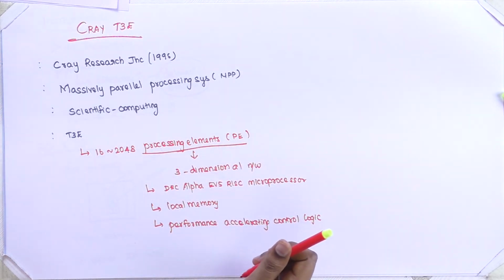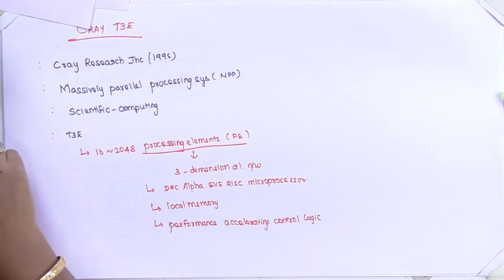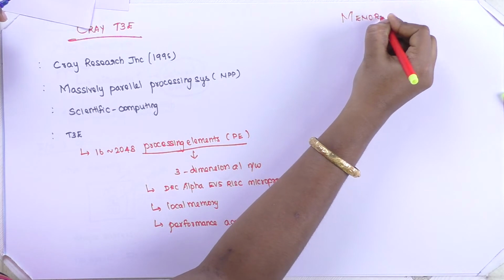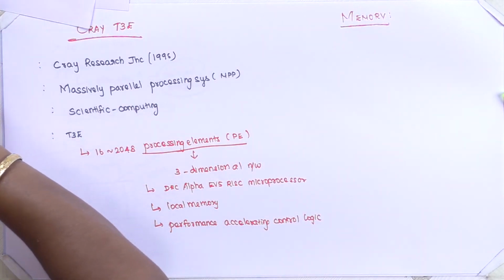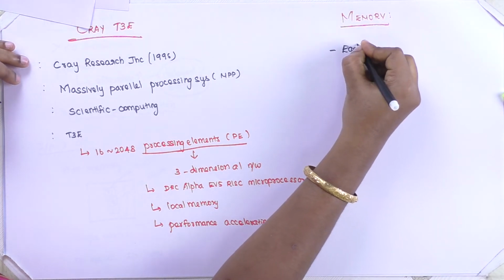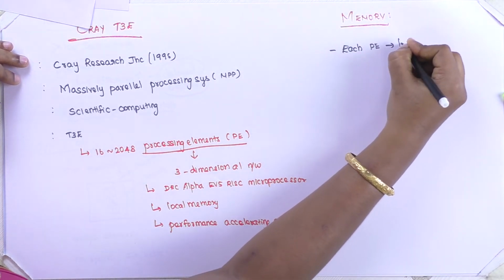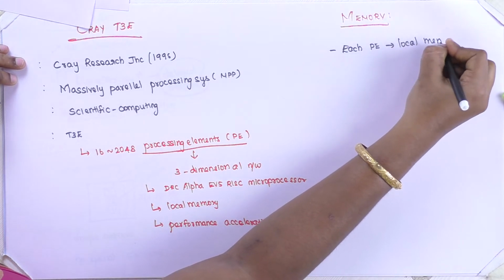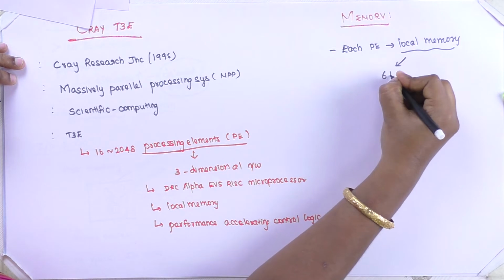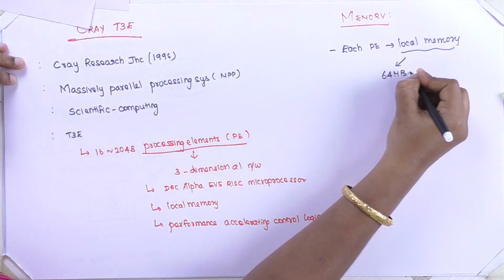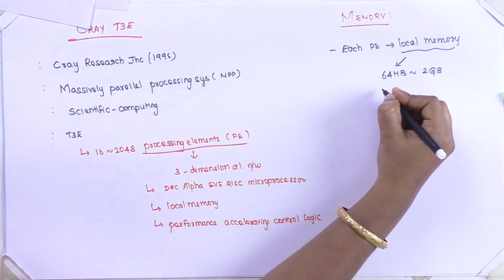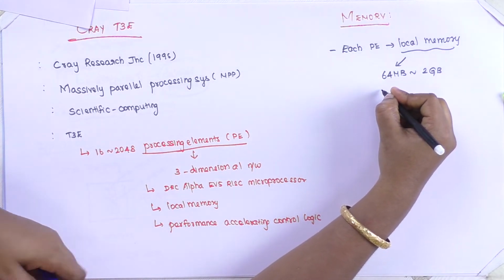Now let us see the different hardware features. The first hardware feature is memory. Each PE has a local memory. The capacity of the local memory is 64 MB to 2 GB. This memory is physically distributed and logically shared.